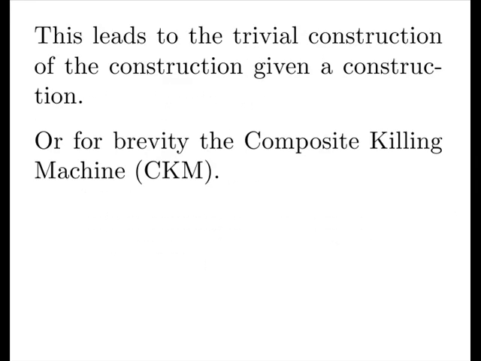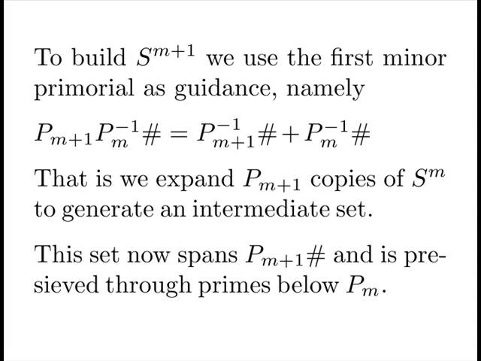This leads to the trivial construction of the construction given a construction. Or for brevity, the composite killing machine CKM. To build our next S-model, we use the first minor primorial as guidance, namely, our next prime times our current first minor primorial.